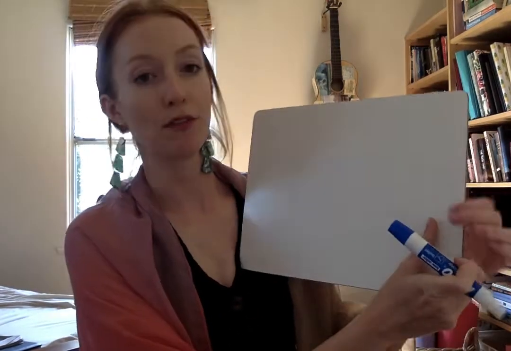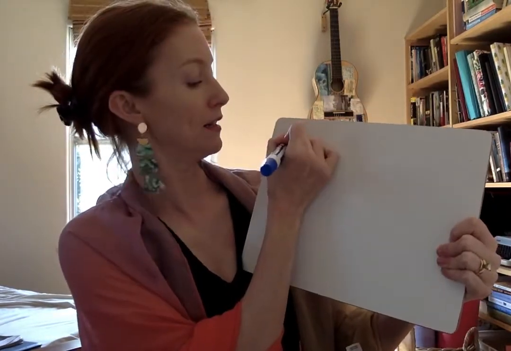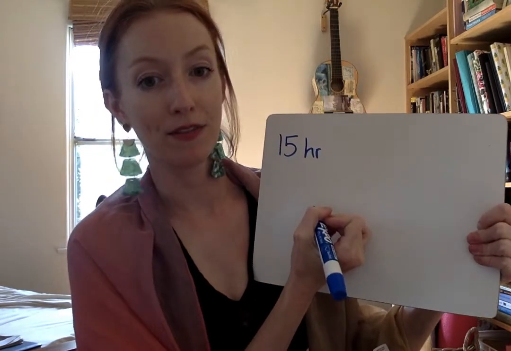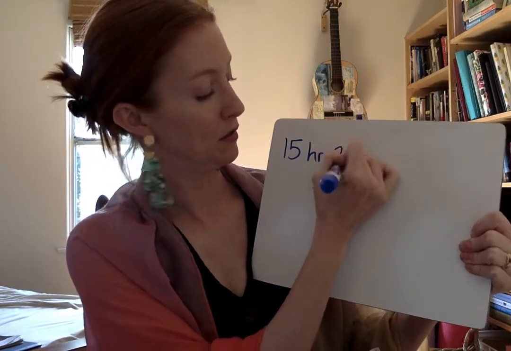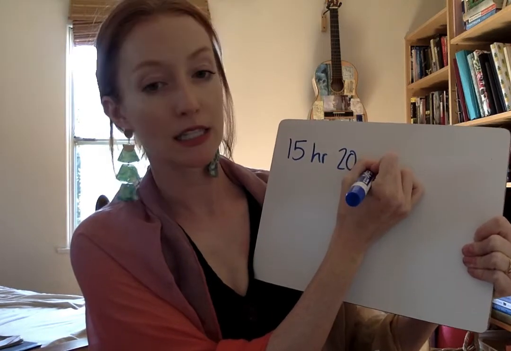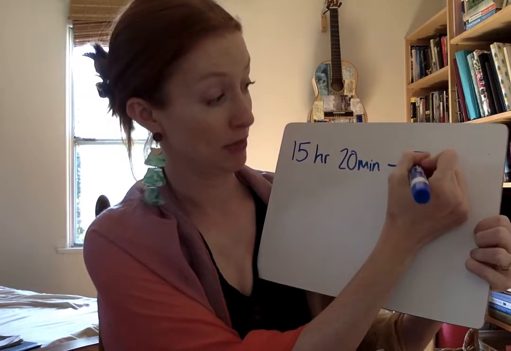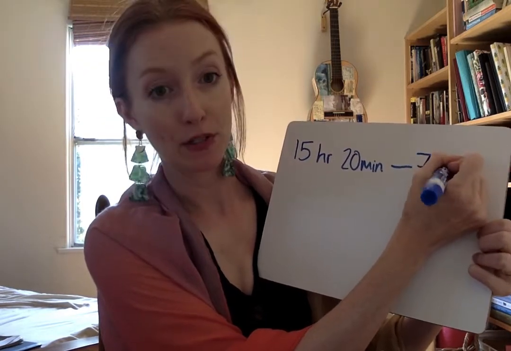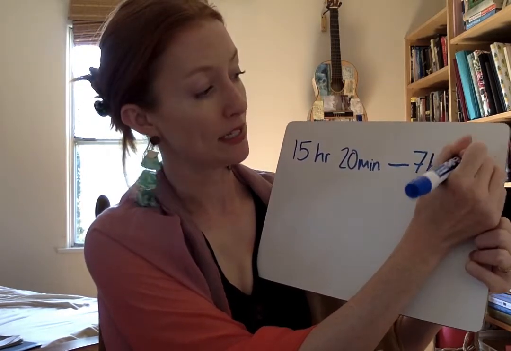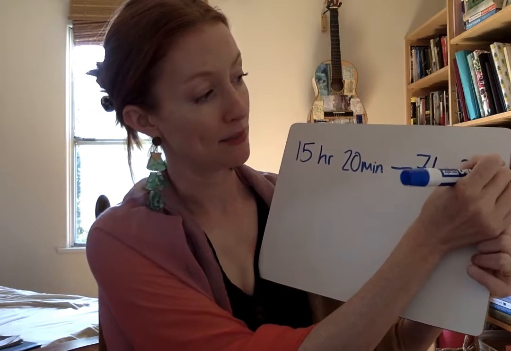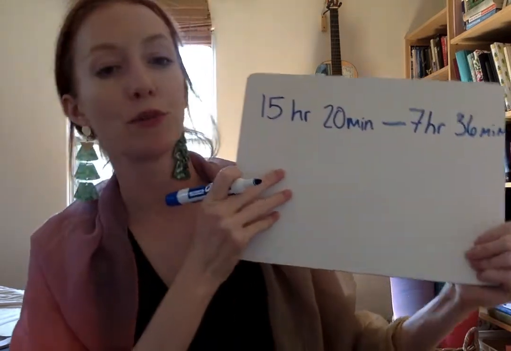So I'm just going to give you an algorithm here so you can write this down with me. 15 hours, 20 minutes, minus, that's the minus symbol right there. We're going to use that in time. Hours, 36 minutes.